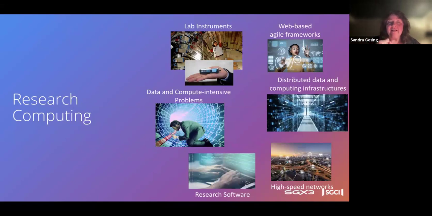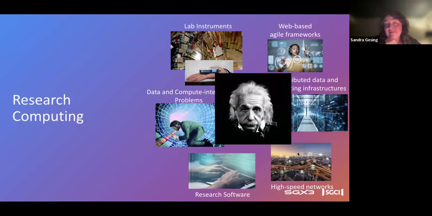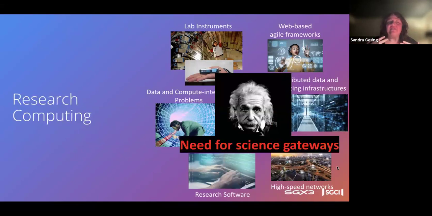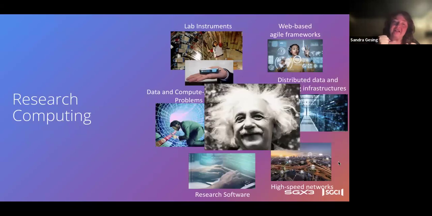And the researcher looks like a little bit unhappy researcher in the middle of all this. Next slide. That shows the need for science gateways to make out of a maybe overwhelmed researcher a happy researcher. Next slide. We need to see the happy researcher.